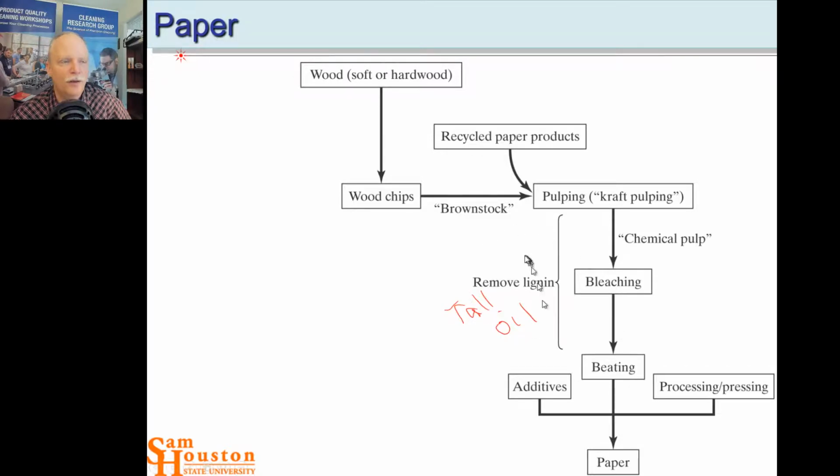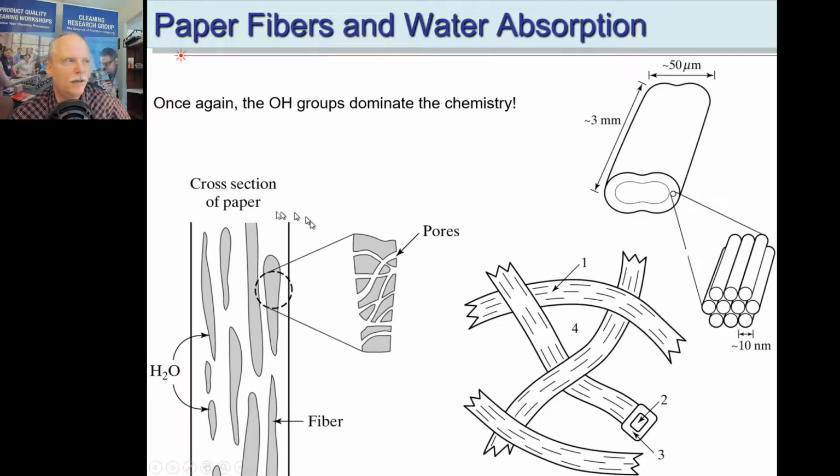But anyway, so you remove those lignin compounds, and the paper pulp turns much more white. Then you can beat it and process it into paper. And so in this cross section of paper, you have these fibers that are flattened and rolled out. You have moisture in there that holds it all together, and it's a very porous structure.